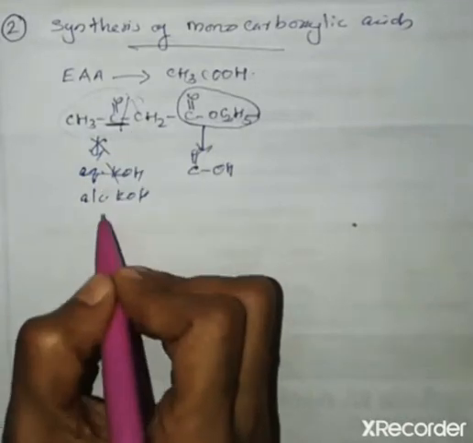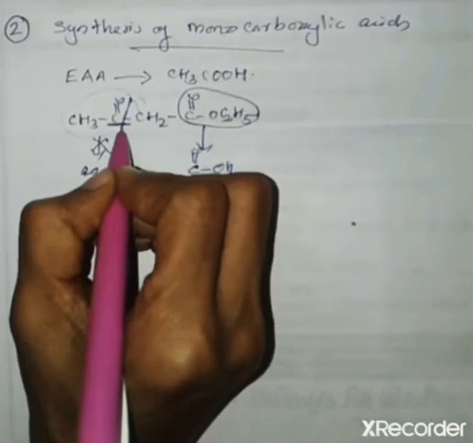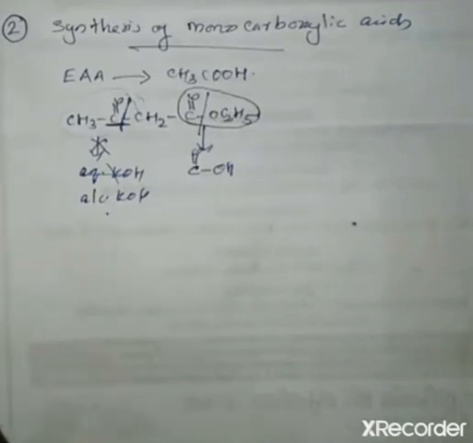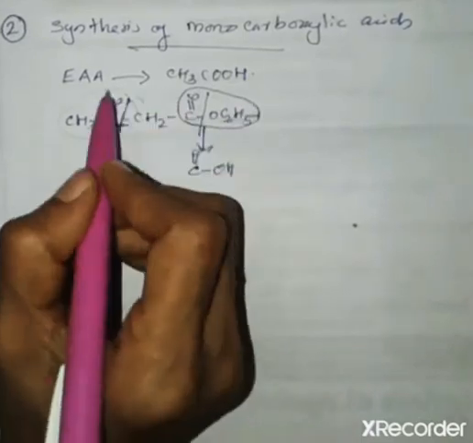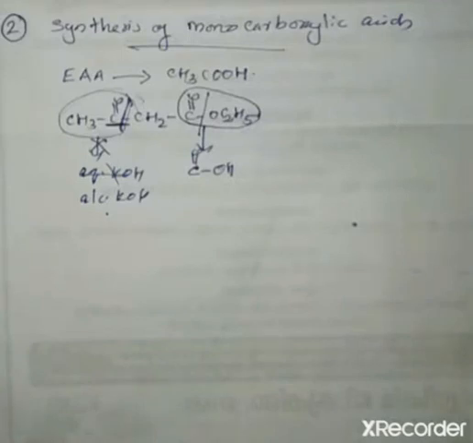When we treat it with alcoholic KOH, the molecule is broken here and also here, and then hydrolysis takes place at this position and also at this position. So for converting ethyl acetoacetate into an acid, we have to treat it with alcoholic KOH to remove the keto group.